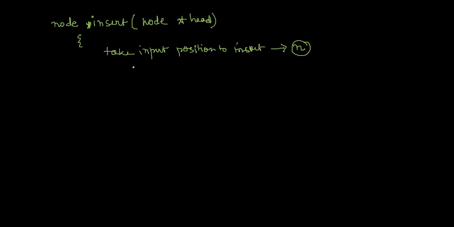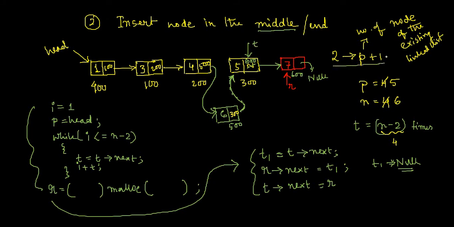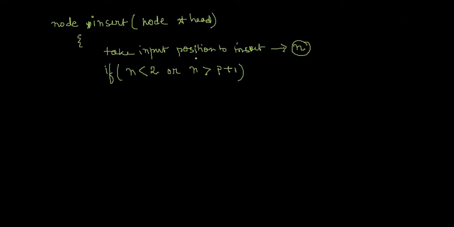Then we will check if n is lesser than 2 or n is greater than p plus 1, because we have seen that the range should be 2 to p plus 1. So if it is below 2 or above p plus 1, then a wrong position has been given, right? So obviously not possible. Somehow we have to print not possible.